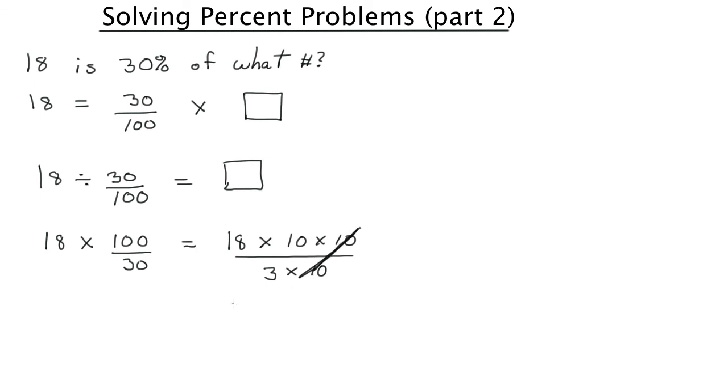That's gone. And I'm left with 18 divided by 3 times 10. 18 divided by 3 is 6, and 6 times 10 is 60. So 18 is 30% of what number? It's 30% of 60. And voila. That's how you do it.